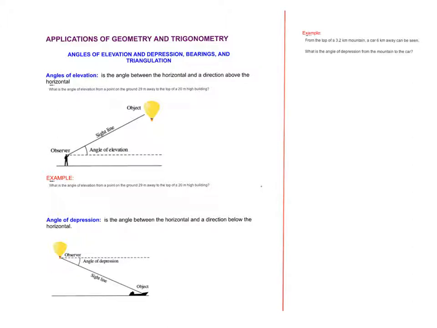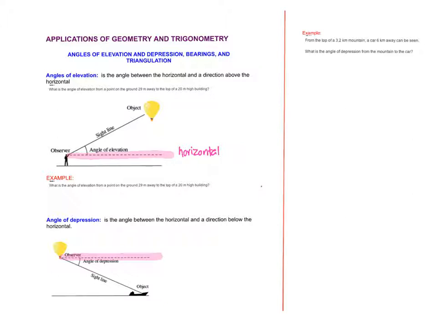With the angle of elevation, what we've got to remember is that it's always measured from the horizontal. So this is the horizontal line. You're always going to measure angles of elevation or depression from that horizontal line. So if the angle of depression is there, there's the horizontal.